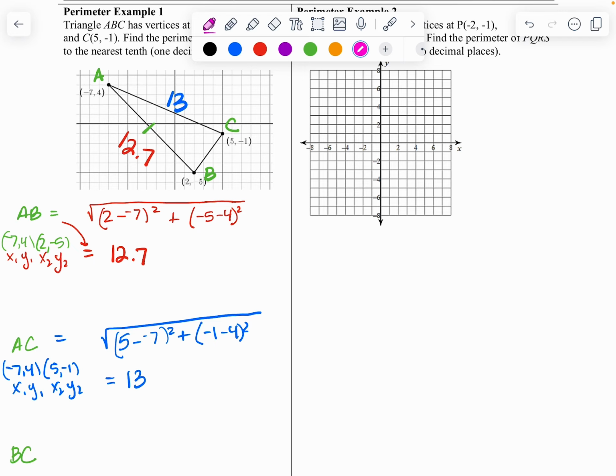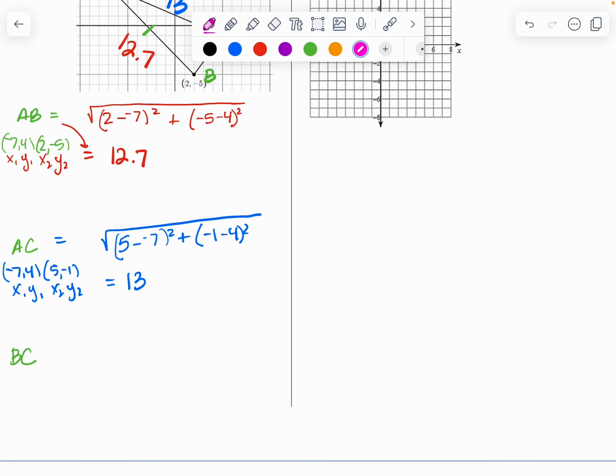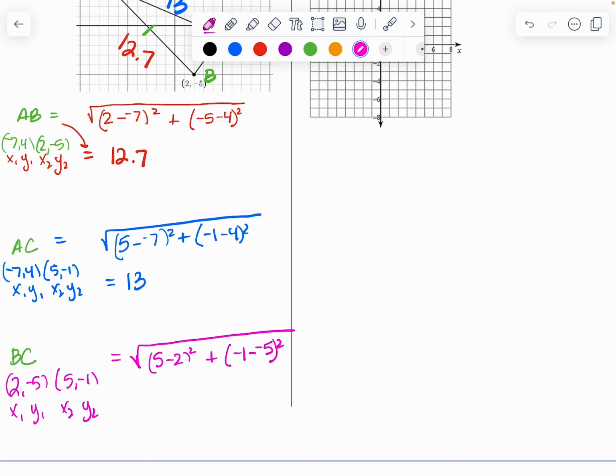And then finally, when we find BC, B is 2, -5, and C is 5, -1. So again, x1, y1, x2, y2. So that is the square root, my square root lost its little check mark thing, of 5 minus 2 squared plus -1 minus -5 squared.